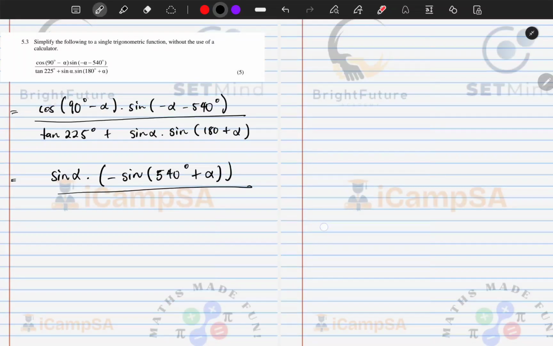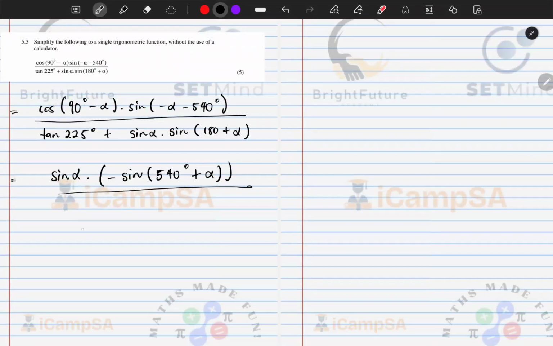So your tan 225. Usually you can use your calculator to see how you can write 225. Let's see, this one does not work, so let's see, 270 minus 225 is 45.